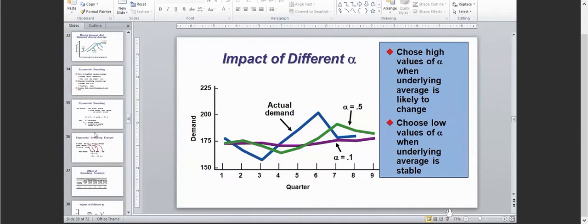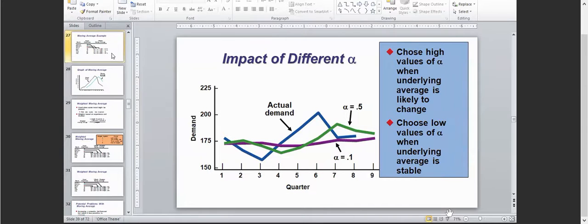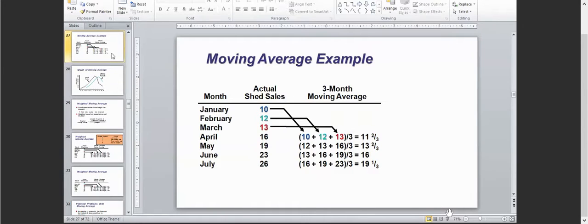Have we finished discussing the exponential smoothing?